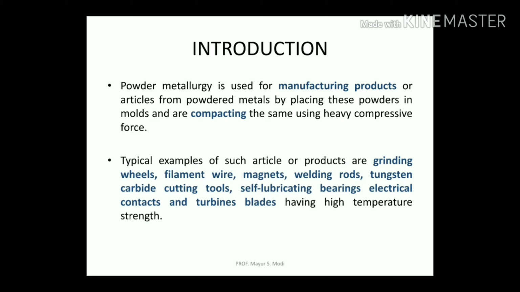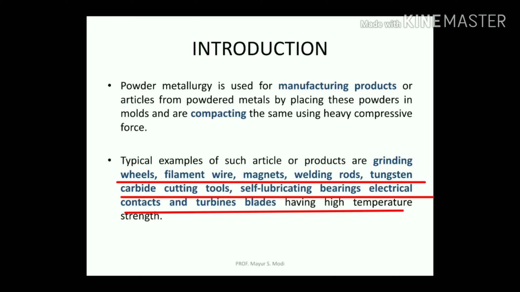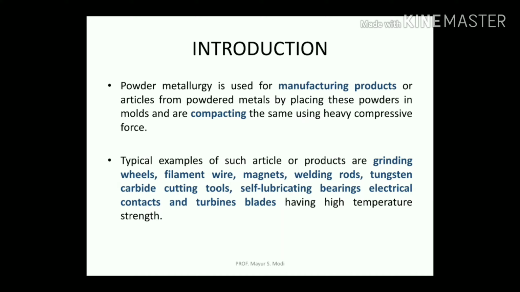Typical examples of such articles or products are grinding wheels, filament wires, magnets, welding rods, tungsten carbide cutting tools, self-lubricating bearings, electrical contacts and turbine blades having high temperature strength applications, which would be difficult to manufacture by any other method. So, with respect to performance and economic consideration, the powder metallurgy process is the best process among all the manufacturing processes.